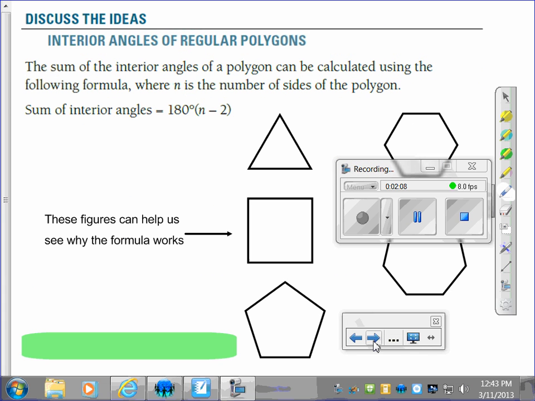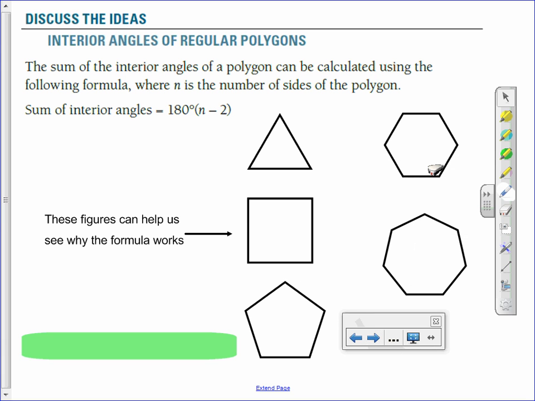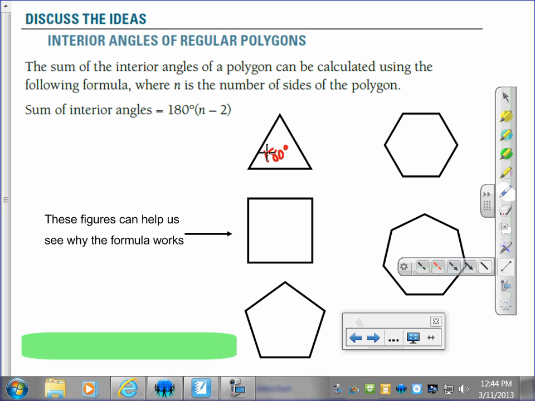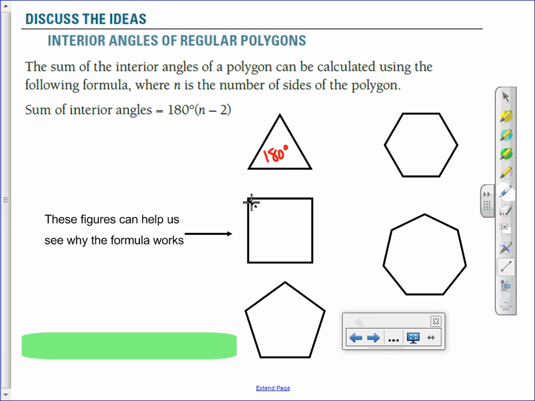Another question that you might find asked is how do you relate that to a formula? What we just did is we really used a formula. So let's talk about a triangle. A triangle we know is 180 degrees for sure. And if we start splitting up other figures into triangles, we can use 180 to determine this relationship.